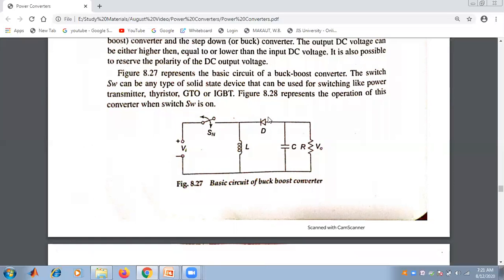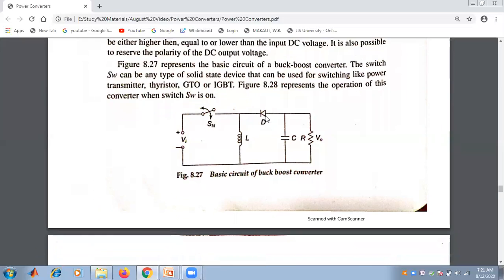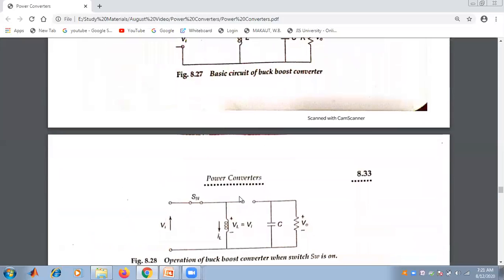Reverse bias means the diode will act as an open circuit. It is clear from the figure that the diode acts as an open circuit and there is no current through the diode. This is the input voltage, and the current is routed through that particular path.